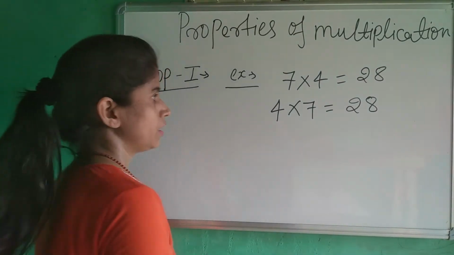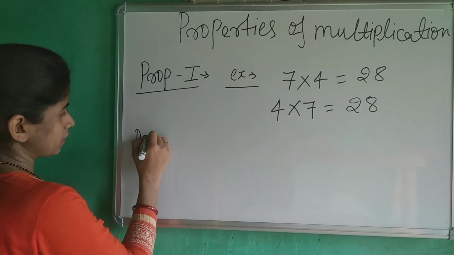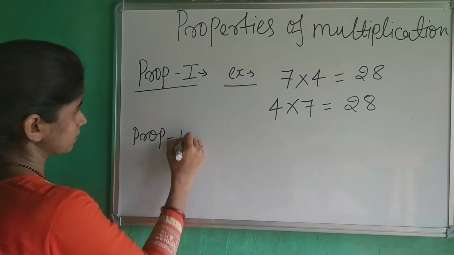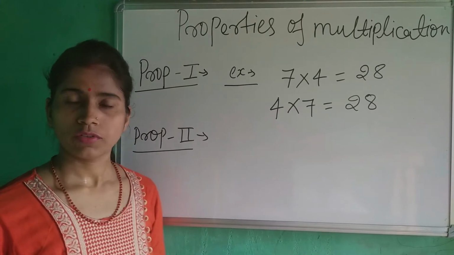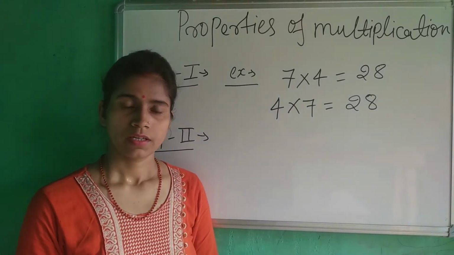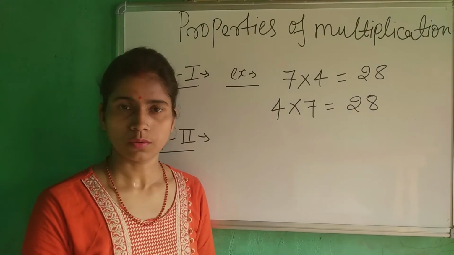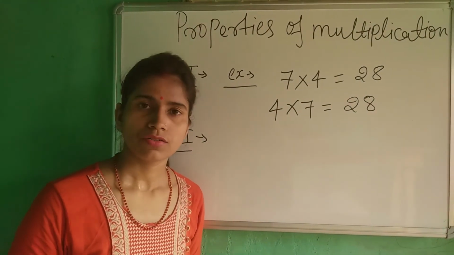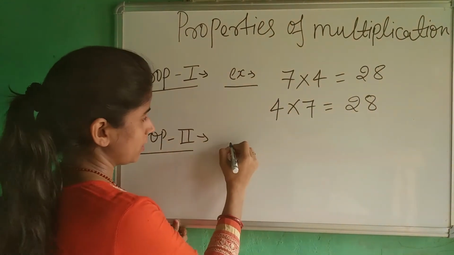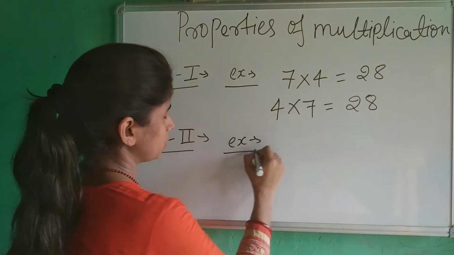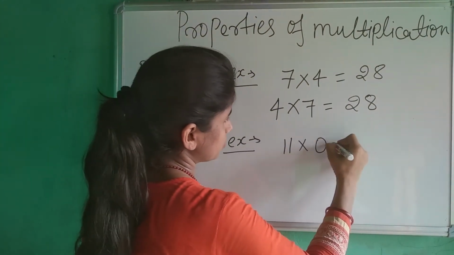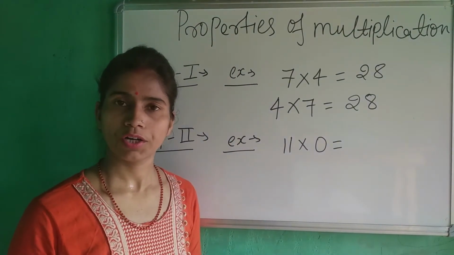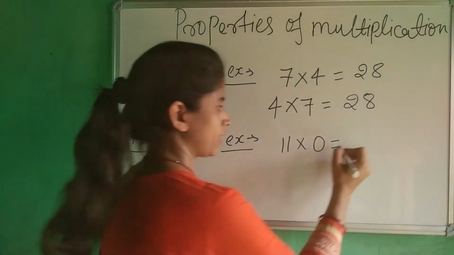Okay, the second property is when you multiply a number by 0, you will get 0. As for example, when you multiply 11 by 0, what will you get? According to the property, you will get 0.